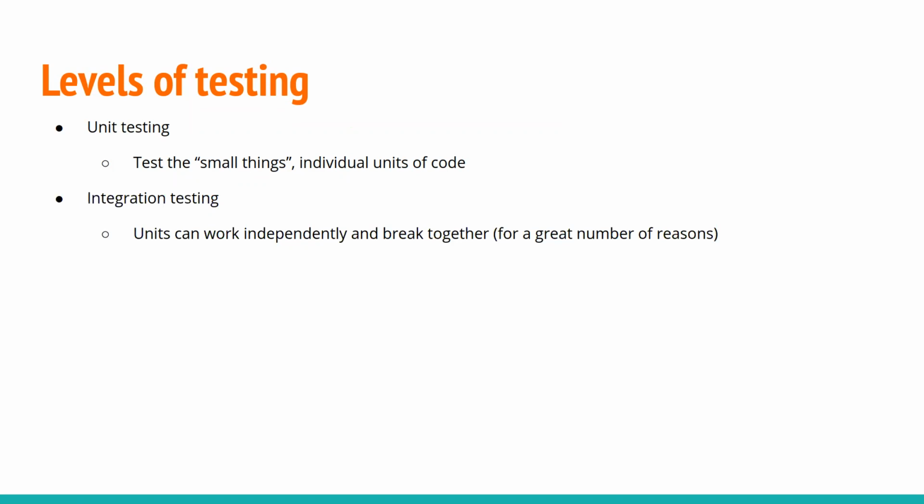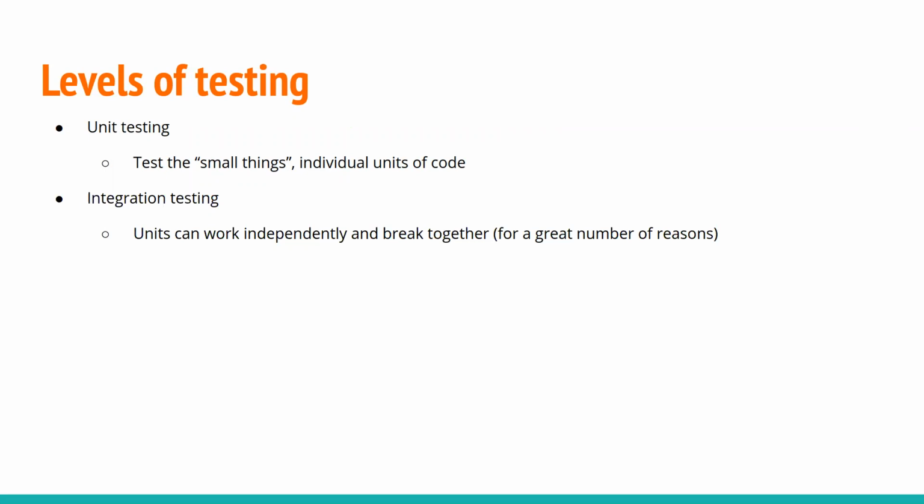You could also have a credit account method, right? That adds money to the account. So you can deposit a certain amount of money into the account, and all of your unit tests for the credit account method could work, right? But you can imagine how these things could break when you put them together.